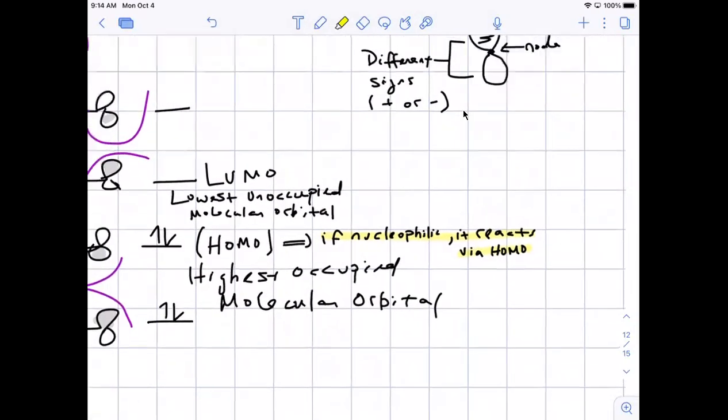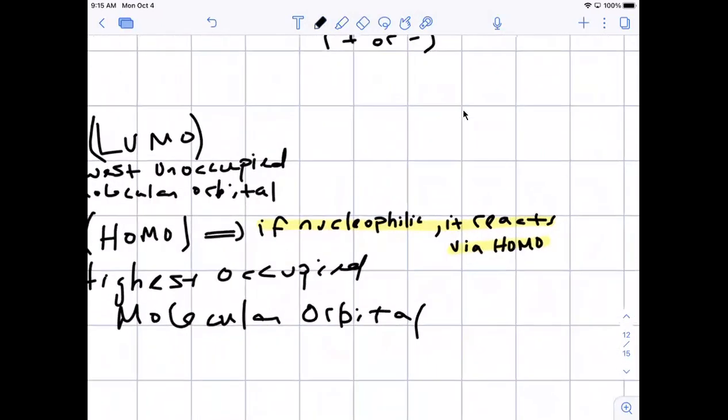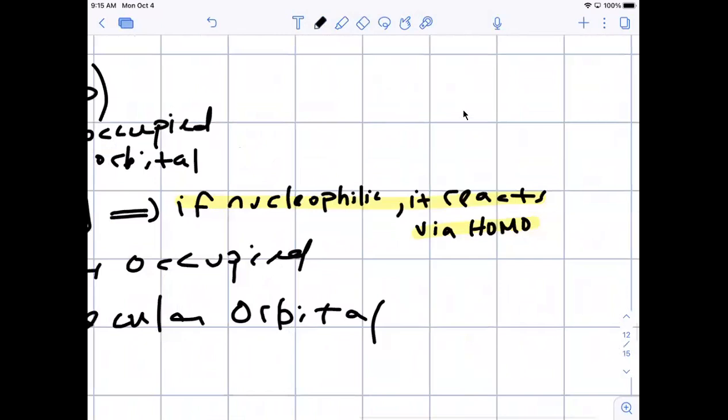And then with the LUMO, the lowest unoccupied molecular orbital, right? That's an empty orbital that can accept electrons. So if it's acting as an electrophile, then that's where it's going to react. That's the orbital that it'll use to react, is the LUMO.